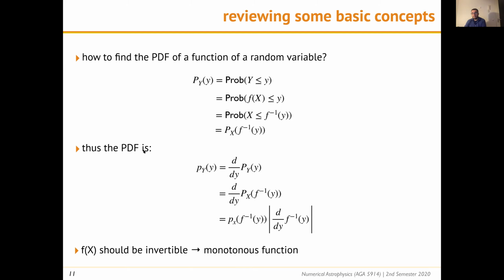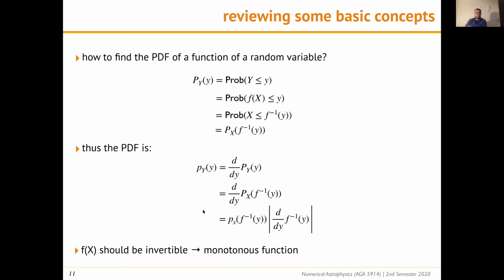Therefore, we can relate the PDF and the CDF, we can relate the PDF for Y and for X, remembering that Y is one random variable that's a function of another random variable. We can relate these two things through the derivative, and if you keep doing this substitution, Y is the inverse of Y, then we make it X, and so on.